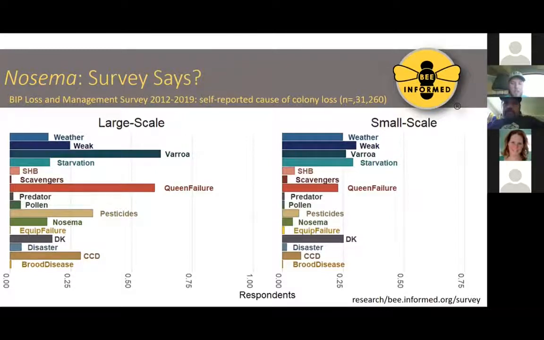Just another note, the fraction of beekeepers reporting Nozema as a cause of colony loss has decreased over the years. Nozema ranks 9 out of 16 in the order of most important causes of colony loss in large-scale operations, and 10 out of 16 for small-scale.